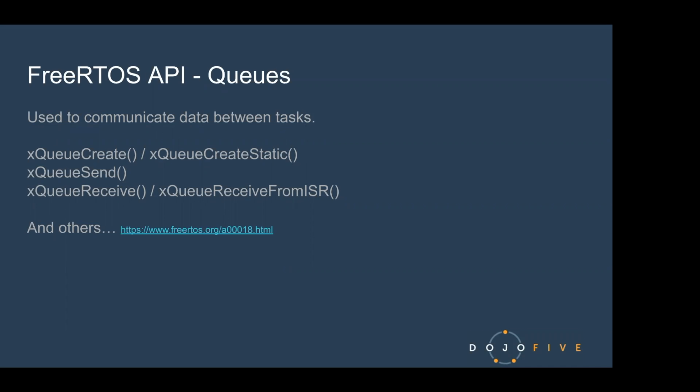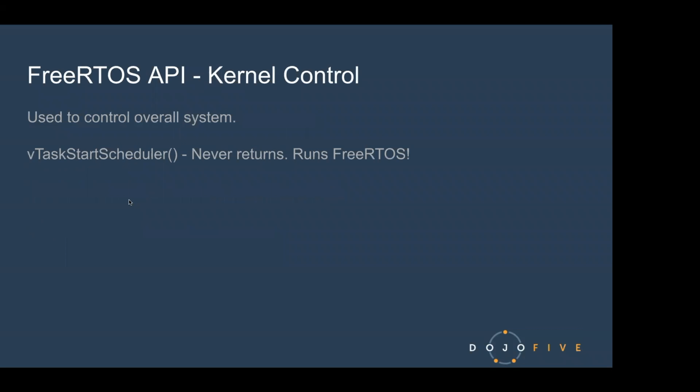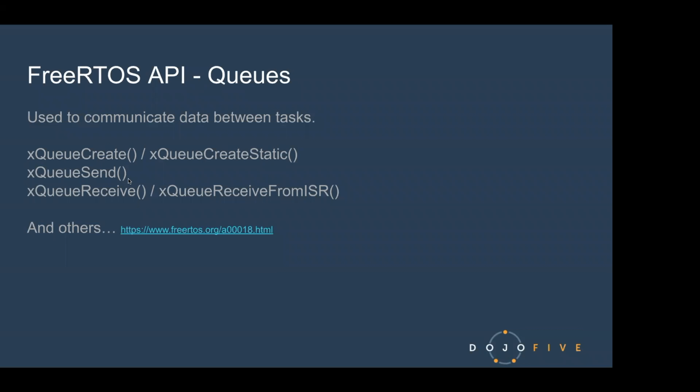Queues hold a structure of data, and your function can call queue receive, and it will block on queue receive. It will actually go into the blocked state, which is great from a battery perspective, because your device isn't sitting there looping and looping, waiting for something to go into the queue.